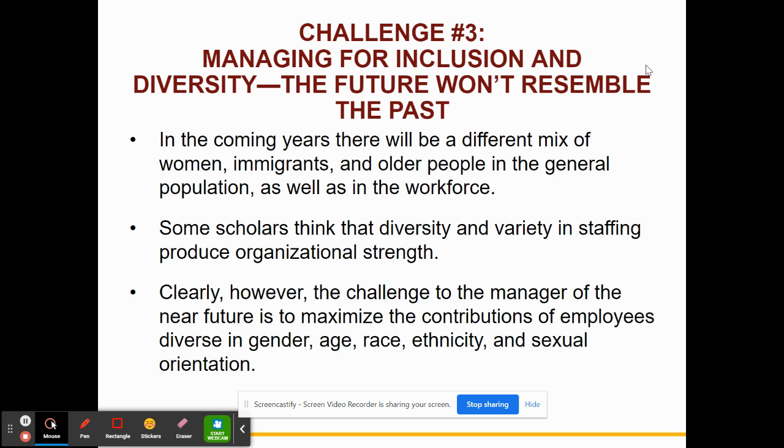Some scholars think that diversity and variety in staffing produce organizational strength, which can be looked at two ways. One, organizational diversity can result in people coming from different backgrounds. Those different backgrounds then promote different ideas within the company and provide more thought-provoking activities.